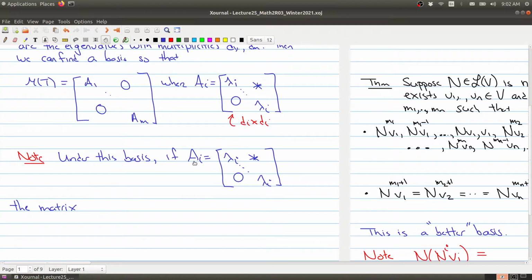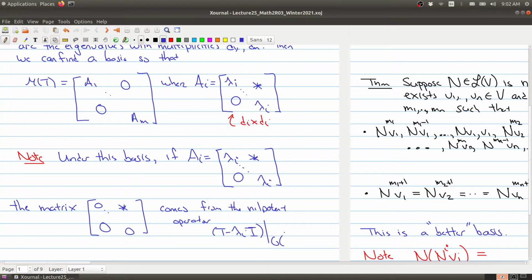If the matrix A_i is from this basis, and you replace all the lambda_i's with 0, keeping the same leftover part in the upper right hand corner, this matrix comes from the nilpotent operator T minus lambda_i times the identity operator, restricted to the generalized eigenspace of that particular eigenvalue.